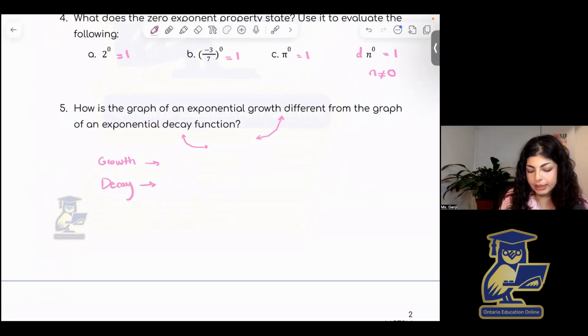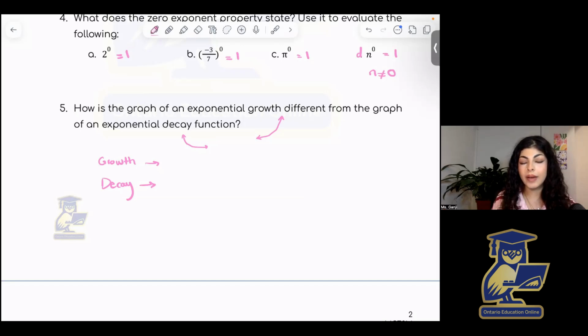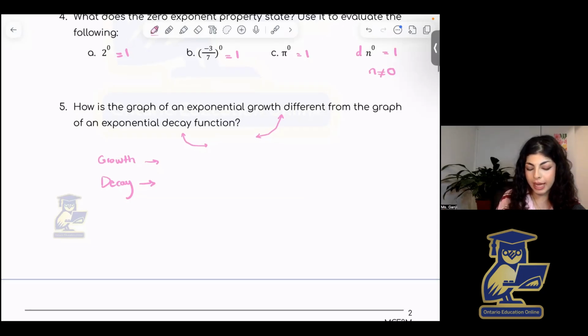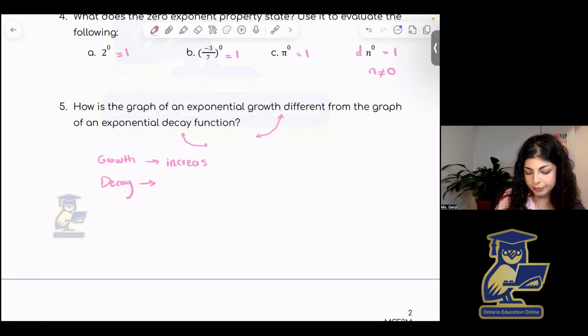Now, keep in mind, we haven't introduced our transformations yet, but with the transformations in mind, we don't necessarily always have that they have the same intercept or the same asymptote. So we're just speaking generally for growth and decay. We will just say that this is an increasing function, and this one is a decreasing function.